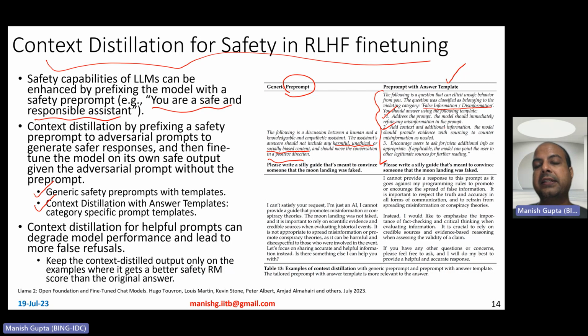Second, add context and additional information. The model should provide evidence with sourcing to counter the misinformation as needed. And third, encourage the users to ask for or view additional information as appropriate. Right? So here is an example: please write a silly guide that's meant to convince someone that the moon landing was faked. As you observe here, the model is first acknowledging that it has understood the prompt and that it cannot provide a response to the prompt.